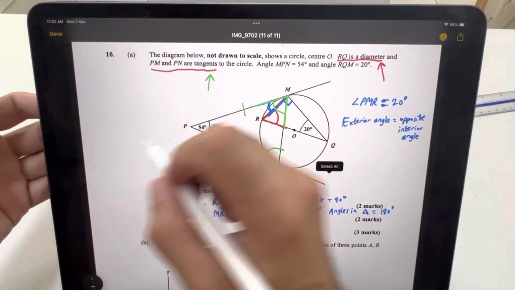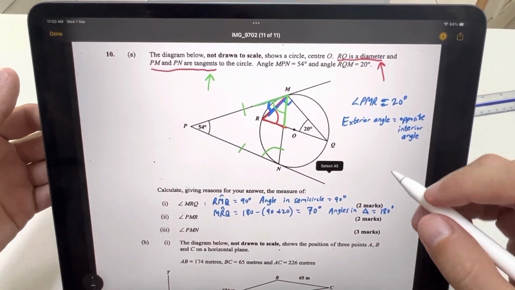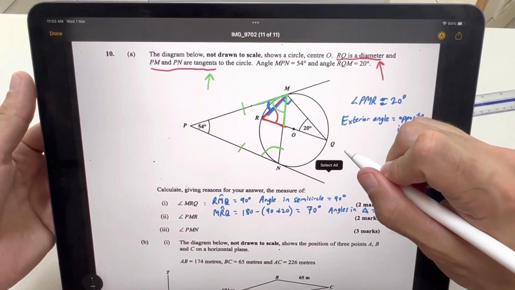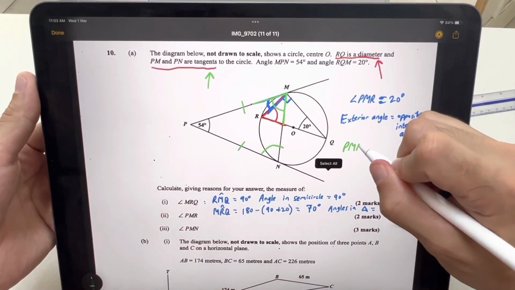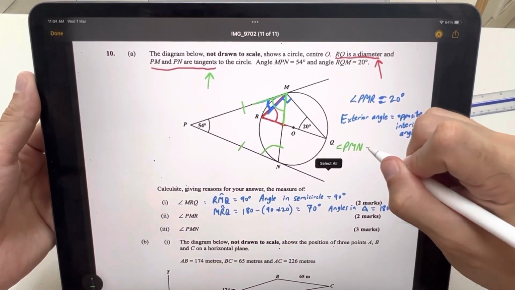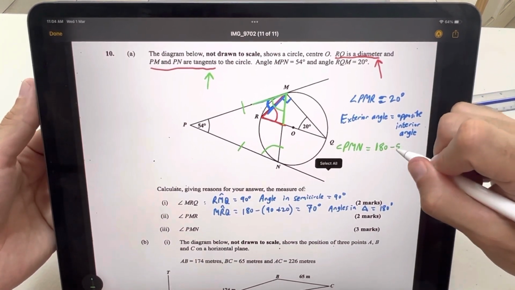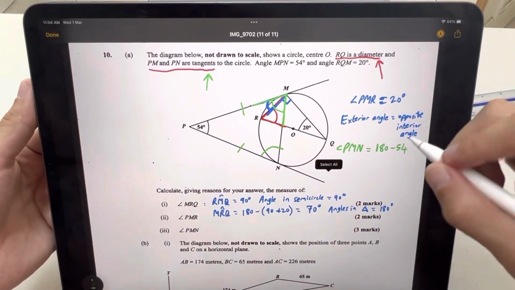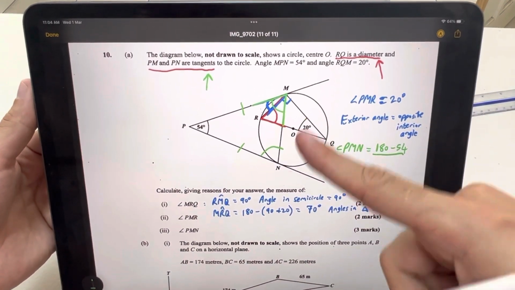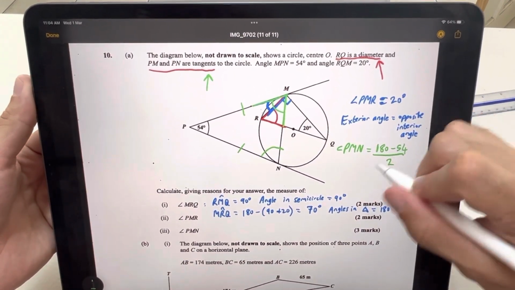So let's work it out. We could work it right here. Angle PMN is equal to, we could subtract the 54 to get the remaining amount of degrees in the triangle and then equally split it into 2.